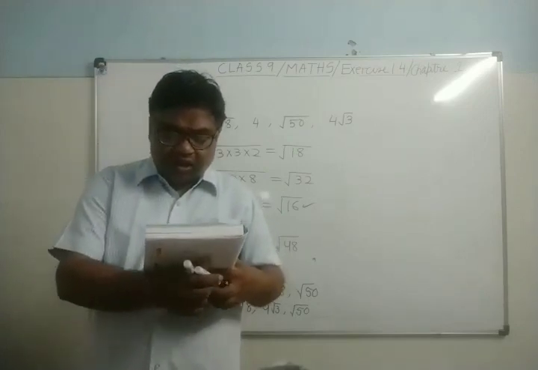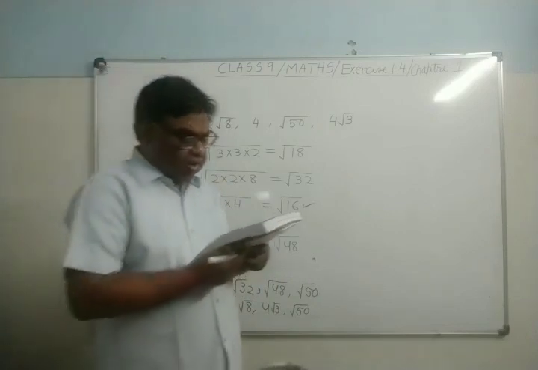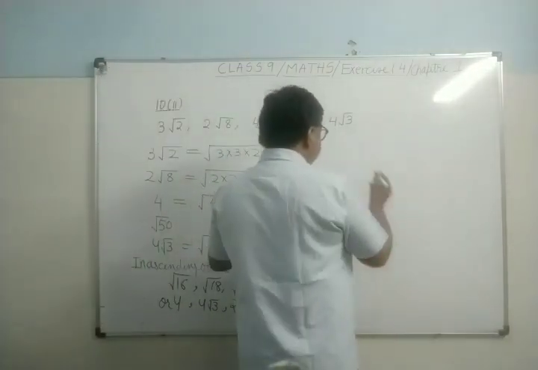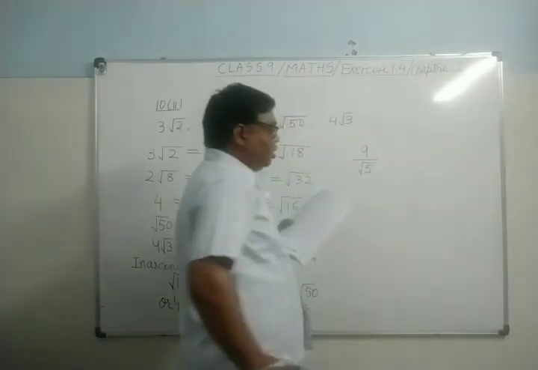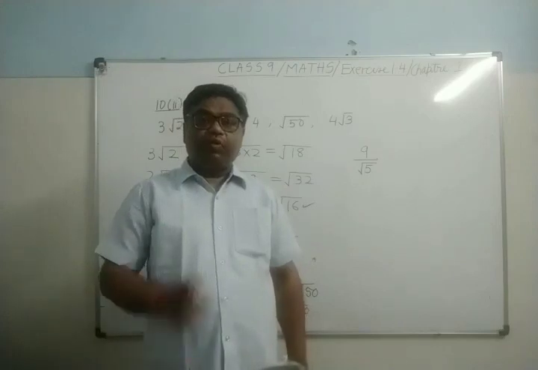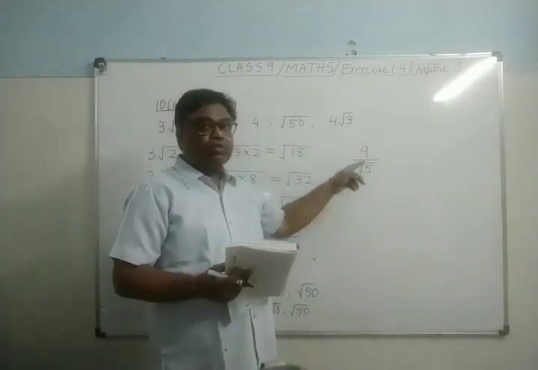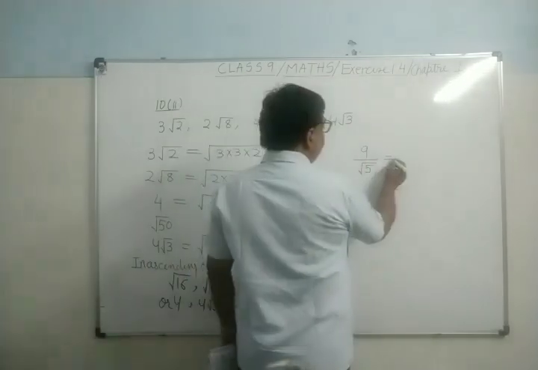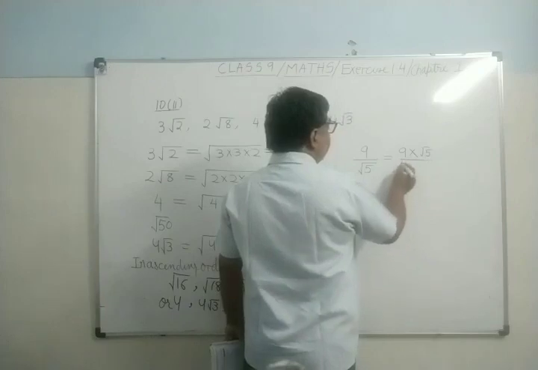Now see here in question number 9, second part. Here there is a number like this. How will you simplify this? Though I already told, if there is a square root in the denominator, then you will remove the square root by multiplying with such a number so that the square root is removed. So how will you do? 9 into root 5 upon root 5.